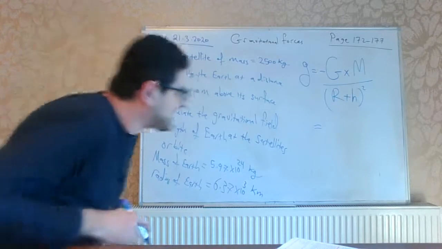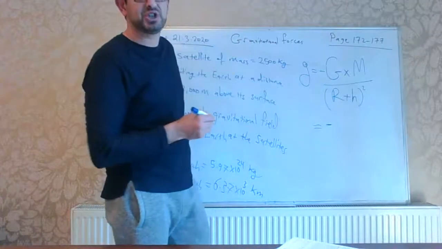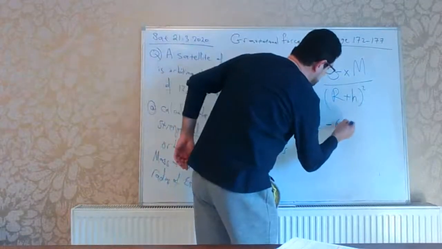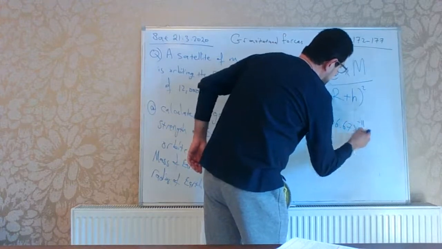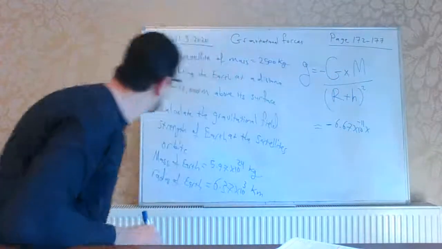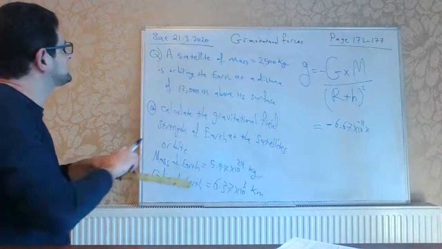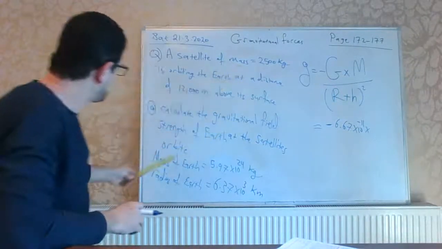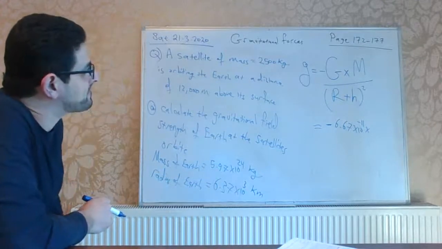Okay. Negative G is 6.67 times 10 to the power of negative 11 times. Which mass do I have to take? Shall I take the mass of the satellite or the mass of Earth or both? شو رأيكم?